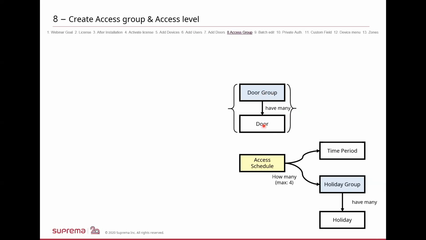The door group has many doors. I do believe everyone knows that the door group has many doors. So both door group and access schedule, or doors and schedule, are going to make for us, if you remember the formula, door or doors plus schedule, the access level. And you can have 128 doors inside one access level. Okay.